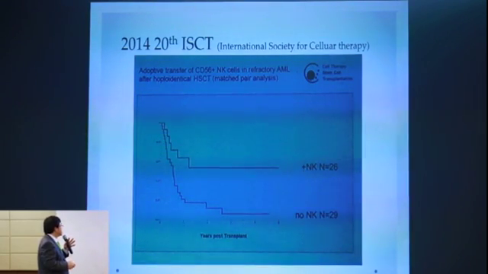After 2 years, the survival rate is around 6%, but for patients with AML, acute myeloid leukemia, it is only maybe 20%. So from the figure, we can find that the effect of natural killer cell therapy is much more than other methods.